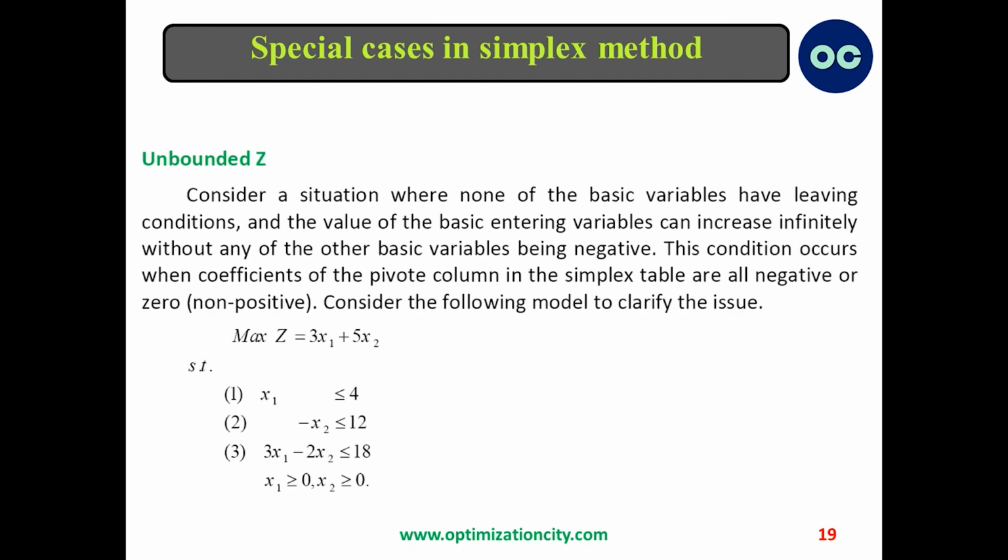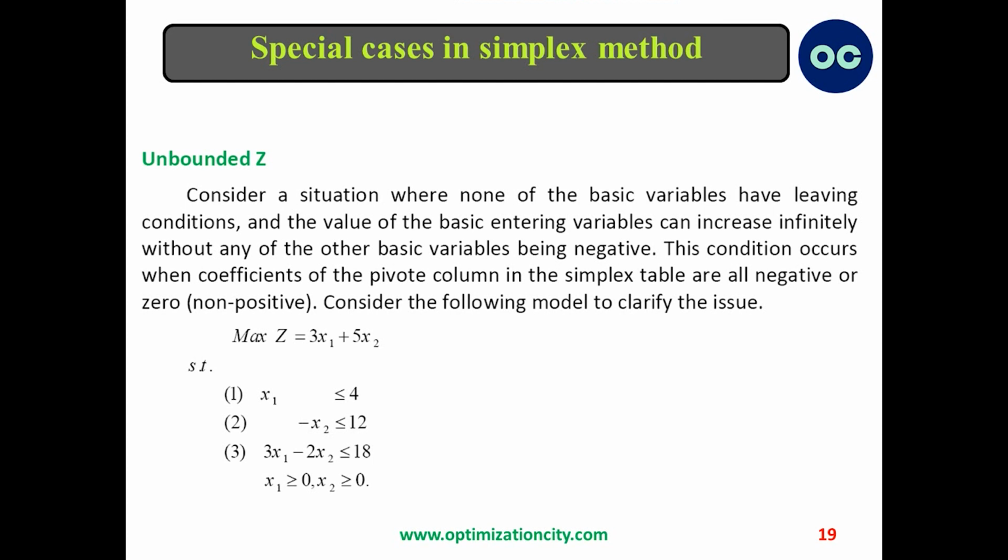Unbounded. If none of the basic variables have a leaving condition and the value of the entering variable can increase infinitely without any of the other basic variables becoming negative, the value of z is unbounded. This situation occurs when the coefficients of the pivot column in the simplex table are negative or 0.